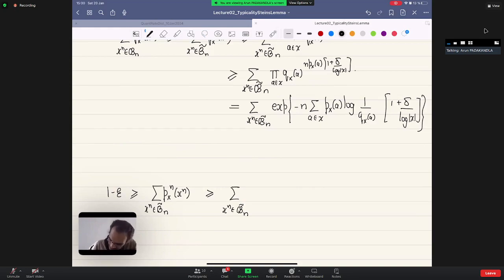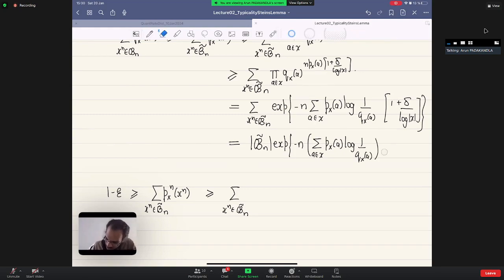So this can be written as B tilde n exp minus n times sum over A belonging to x, px of A log 1 by qx of A. So I have to only get a lower bound on, sorry, 1 plus delta by log cardinality of x. I have to only get a lower bound on B n tilde, right?